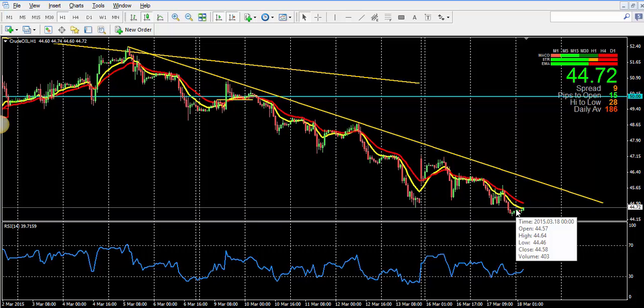Now there are a few ways to determine if the buyers have gained control in the market, and one of the ways is this trend line acting as resistance.